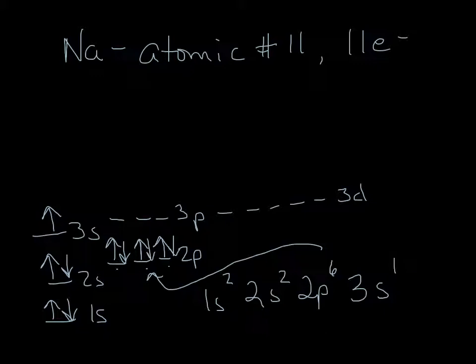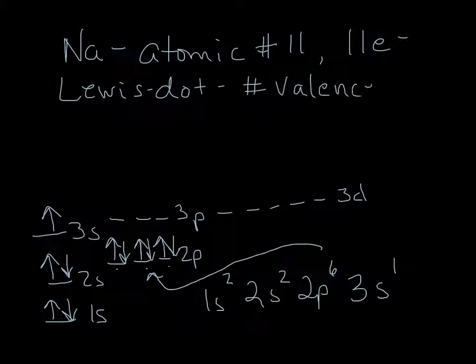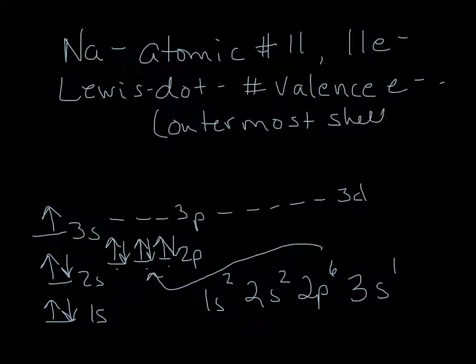Now we talked about Lewis dot structures recently this week too, and we said Lewis dot is the number of valence electrons, and remember valence electrons are those in the outermost shell. Well, for sodium, the outermost shell is the 3s, and I have 1 electron in there.